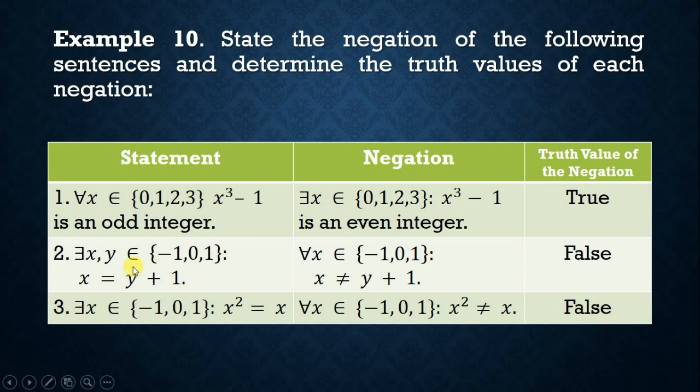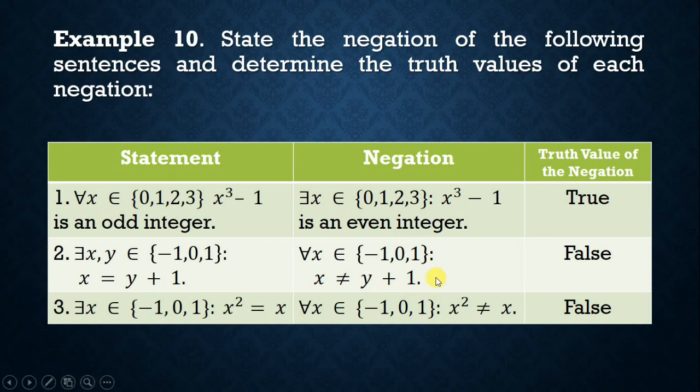And number 2, there exists x and y element of the set containing -1, 0, and 1 such that x equals y plus 1. The negation of this statement is, from existential to universal, for all x and y element of the set containing -1, 0, and 1, x is not equal to y plus 1.